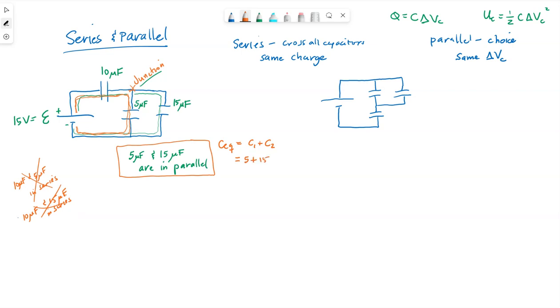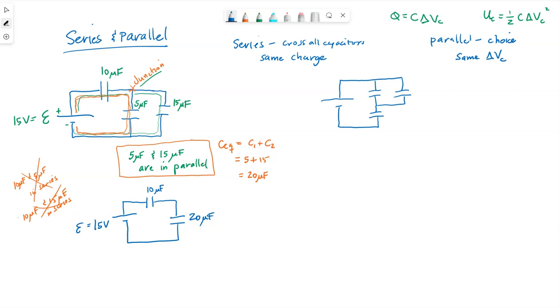So the 5 and the 15 in parallel are equivalent to having a capacitor that was just 20 microfarads. So what I mean by that, if I redraw the circuit, I have that 10 microfarad capacitor, but I could have just attached it to a 20 microfarad capacitor and still have the 15-volt battery.